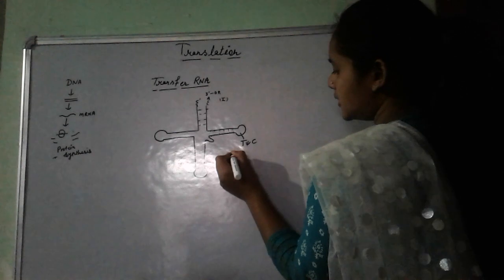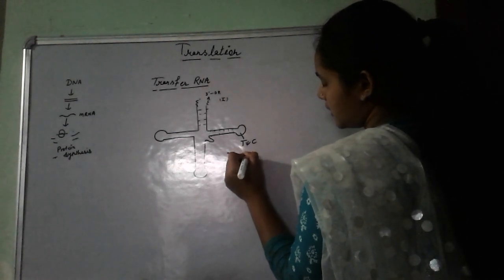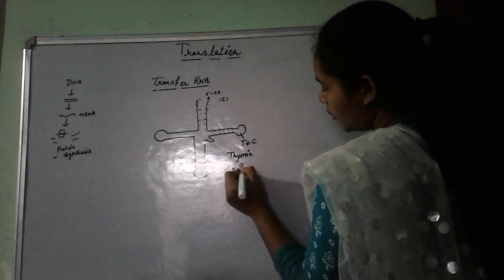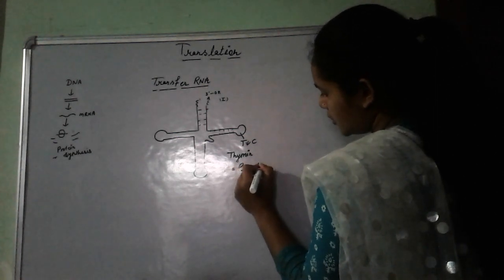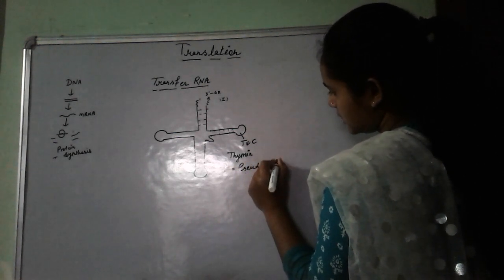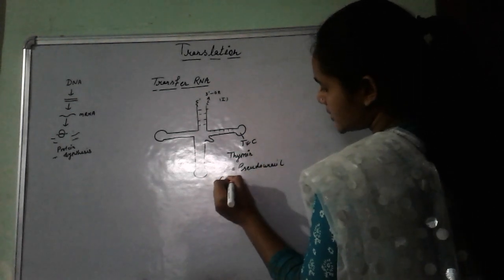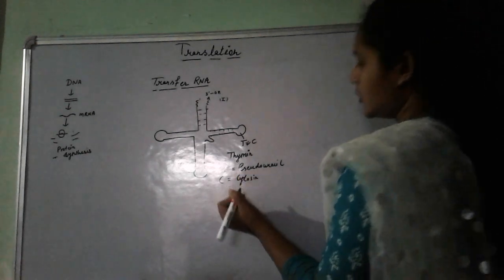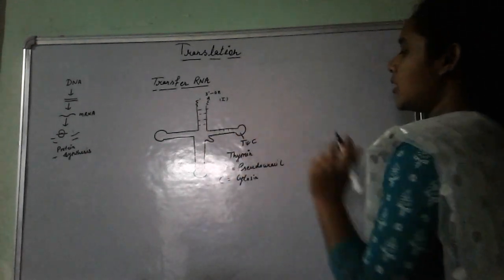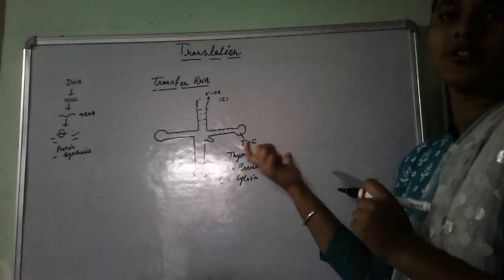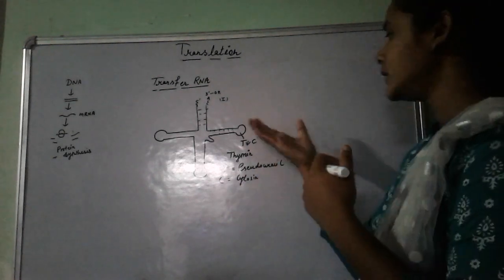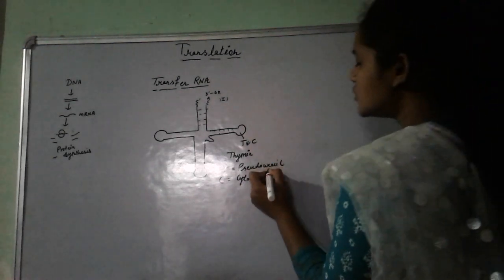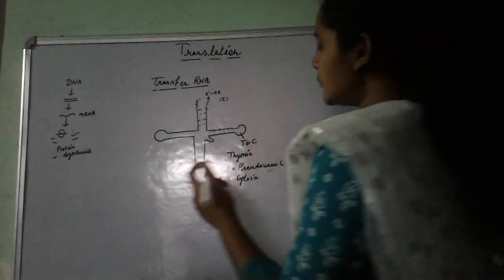T represents thymine, right? Psi represents pseudouracil, and C represents cytosine, right? So pseudouracil, because here the bond is not formed between the molecules, so the loop is formed, and the pseudouracil bases are present here.